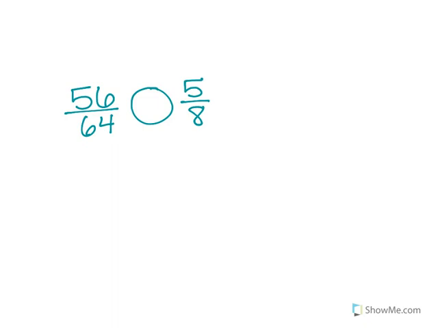Okay, so as I'm solving it, my first step is to look at my denominators. I ask myself, can I do 8 times something to get to 64? The answer would be 8. I can multiply by 8 to get to that 64. So that means I take this 5/8 and I want to create an equivalent fraction by multiplying the numerator and the denominator by 8.